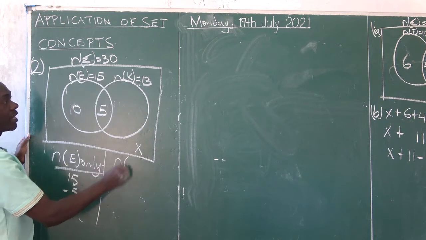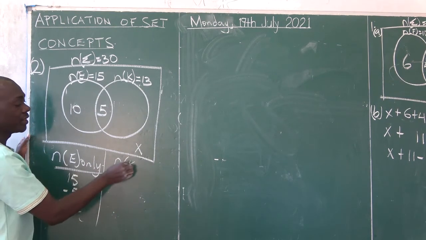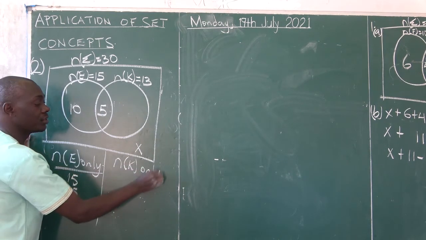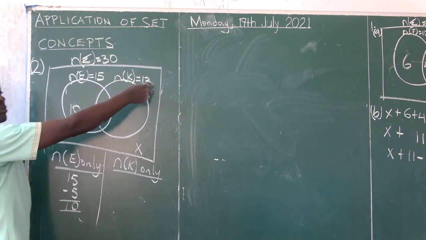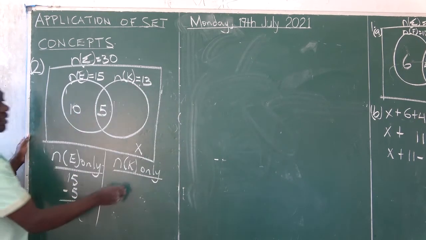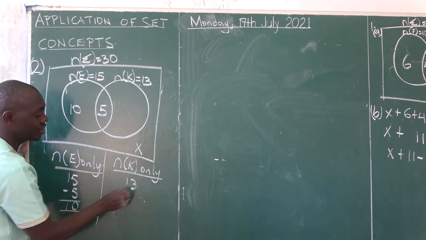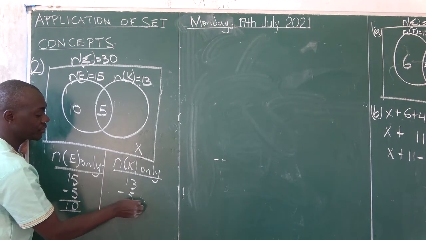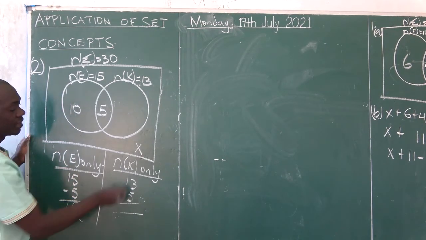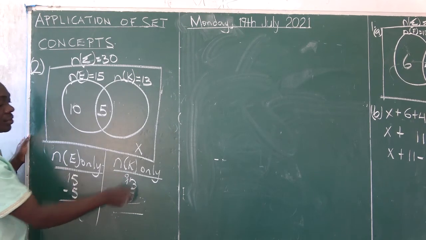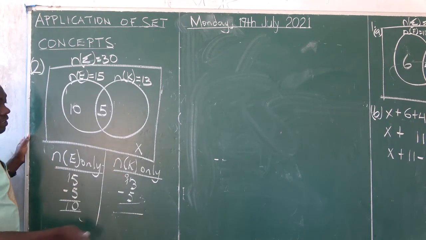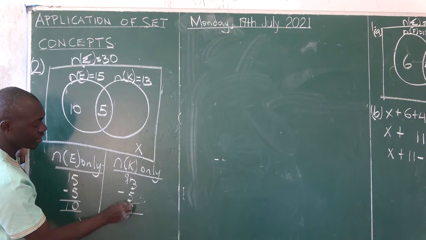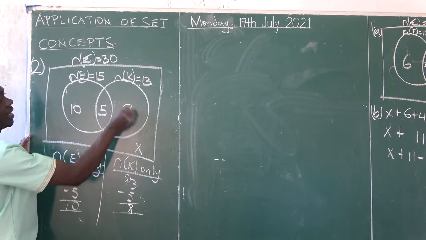And now find the number of those that speak Kiswahili only, still by the same subtraction of the upper and the inside. That is the 13 minus the 5. Subtract properly. Borrow if you must, 13 minus the 5. If you are accurate, I think you get 8. And then write here 8.